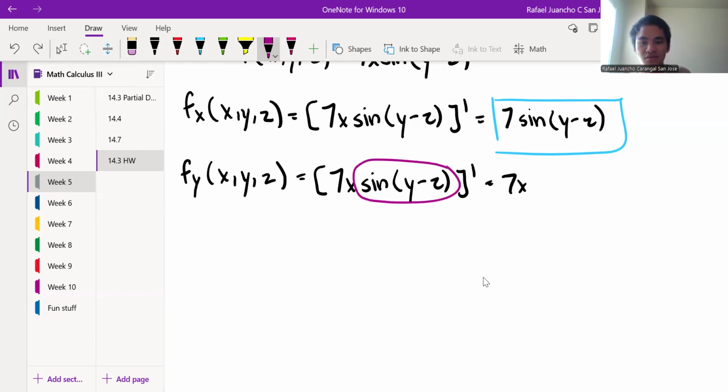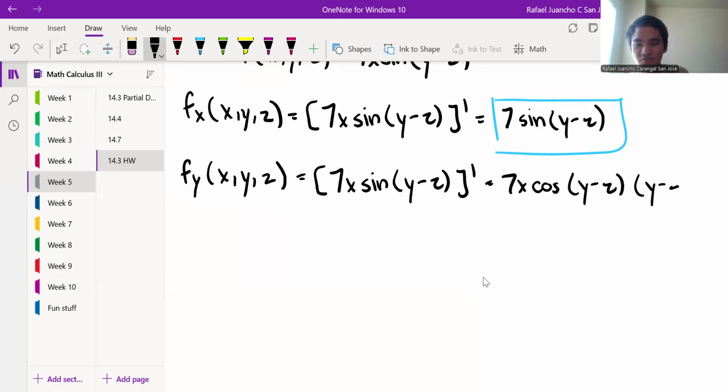Hold on. I get cosine of the same thing, whatever's inside. And then I do a chain rule. So I take the derivative of this thing. Now my z is a number, and so that means this is 0. My y is 1.